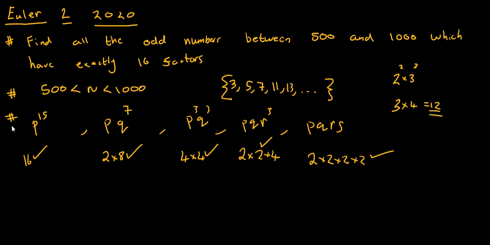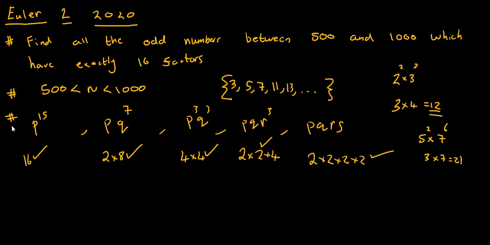We add 1 to the power of each of them and multiply. So for instance, 5 squared times 7 to the 6 has 3 times 7, 21 factors.